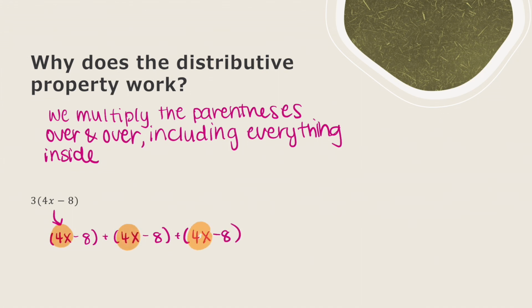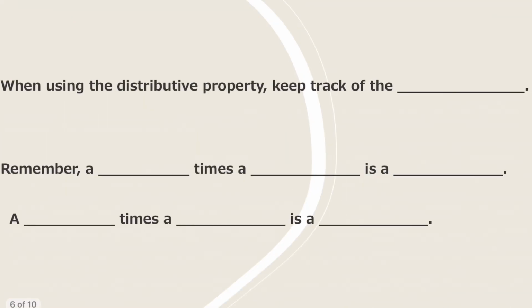Anything that has the same variable and the same exponent, you would combine together. And you end up seeing that, oh, that's there 3 times, and that would be 12x minus 24. And so that's why the distributive property works: you're basically putting all of those parentheses together.